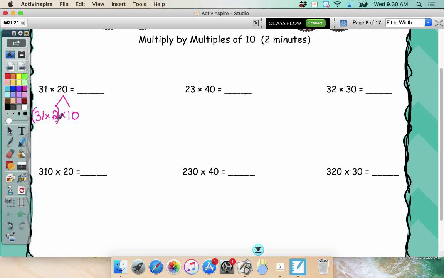The 31 and the 2. Okay? So what's 31 times 2? 62. 62 times 10 equals 620. And that would have been my 3 equal signs, but I don't have room to write it here, do I? I'll put it there and there. So this is how we did it yesterday, Eileen, okay?